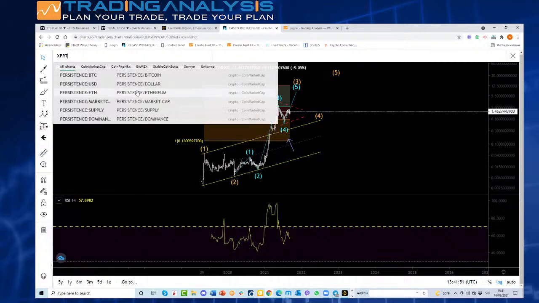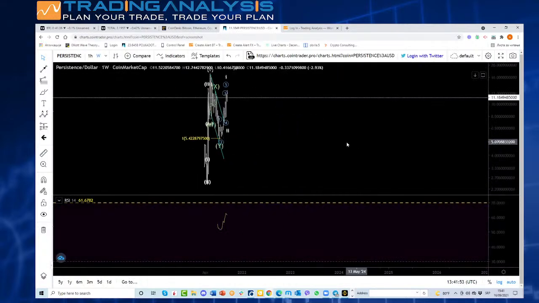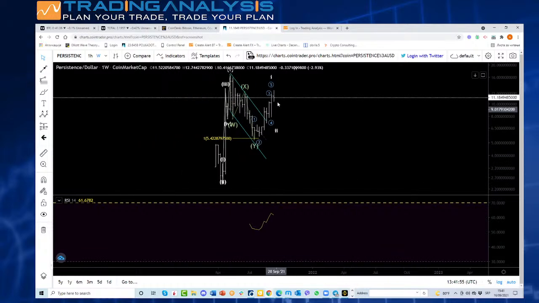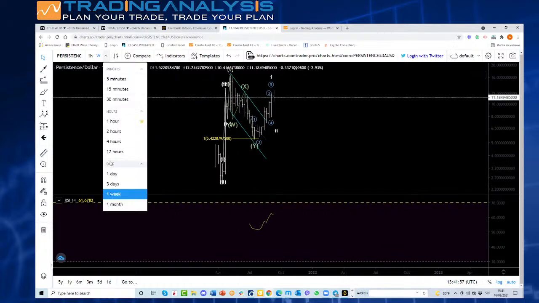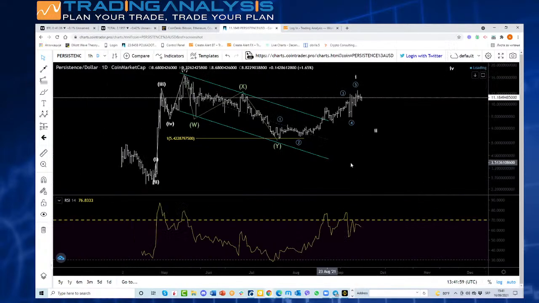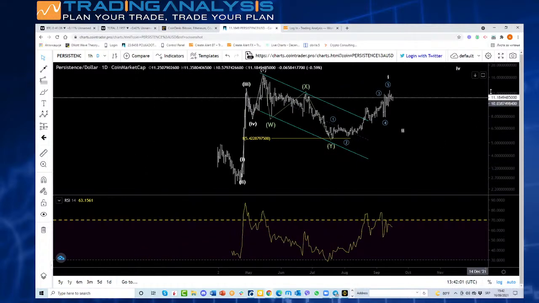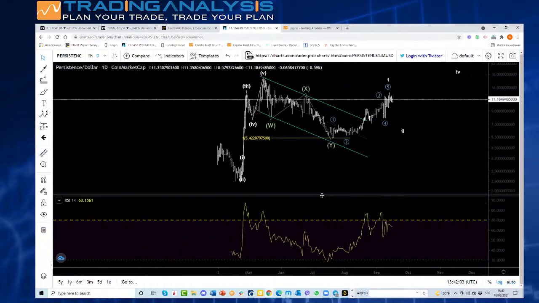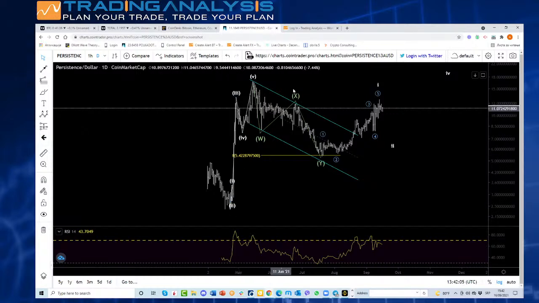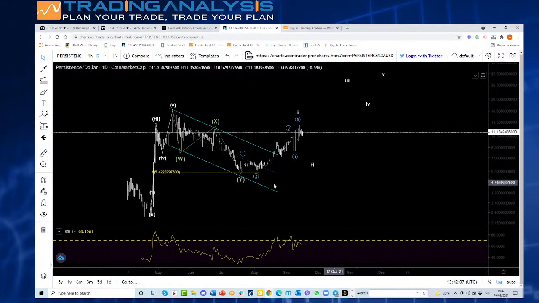XPRT, Persistence dollar. Yeah, this one is also working according to our script. We outlined it who knows when. I don't remember when I looked at that one. We did see 5 waves up and a complex pullback to the downside. And from there, we are able to identify a 5-wave sequence potentially finished.